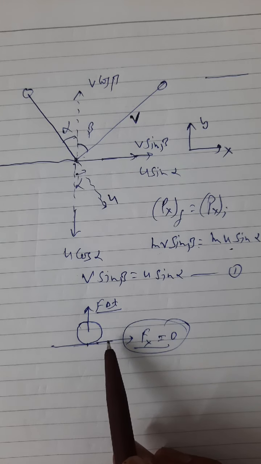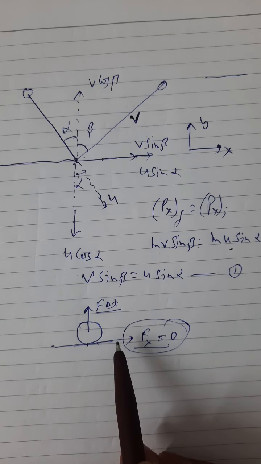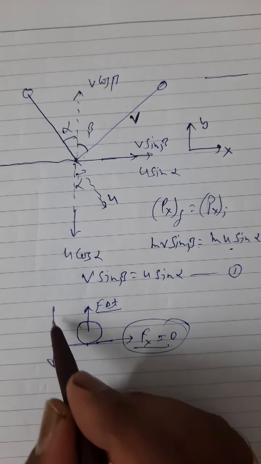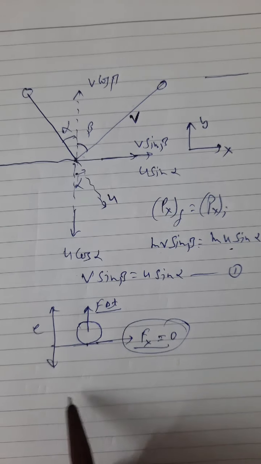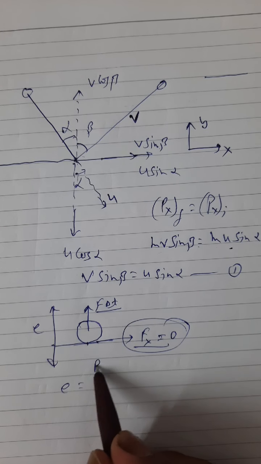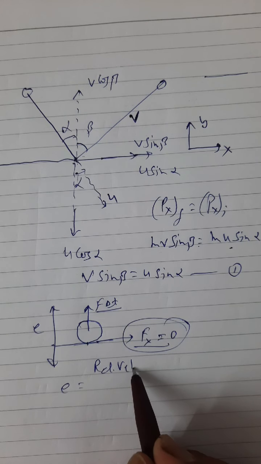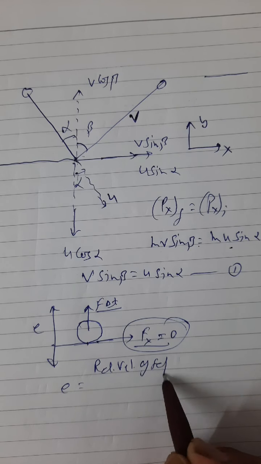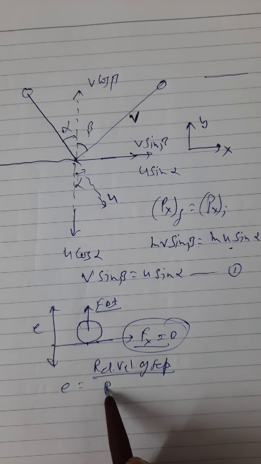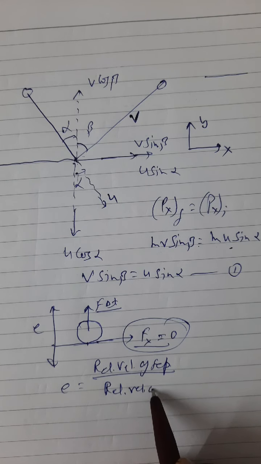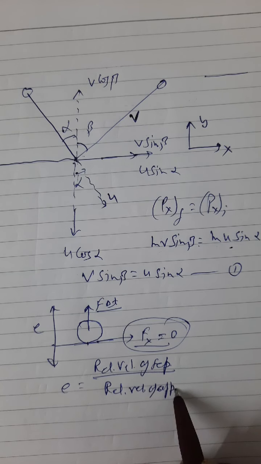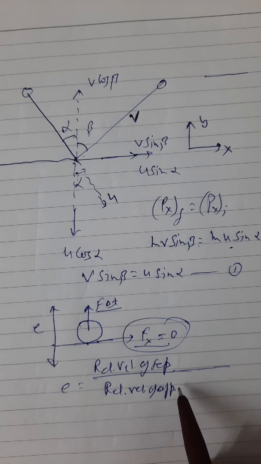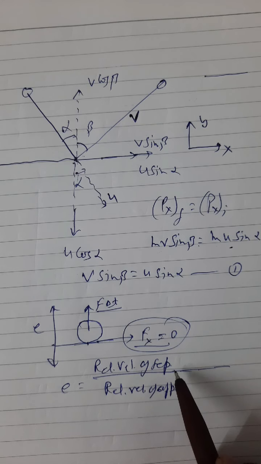Now, not going into much detail about momentum, but we define E. I told you that E is defined as relative velocity of separation upon relative velocity of approach. And I told you that this definition is not perfect. I'll add something.